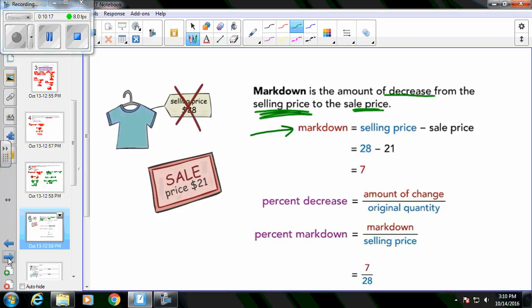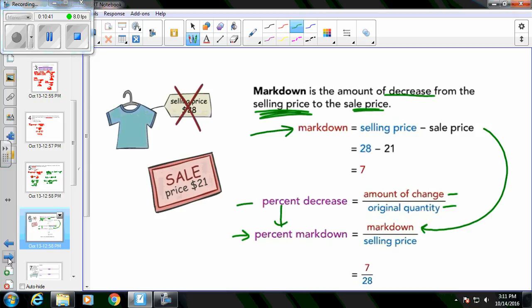Remember, our percent decrease formula was the amount of change over the original quantity. Okay, so my percent markdown, percent decrease to percent markdown, the amount of change is now called your markdown, which we can get from up here, over the original selling price.